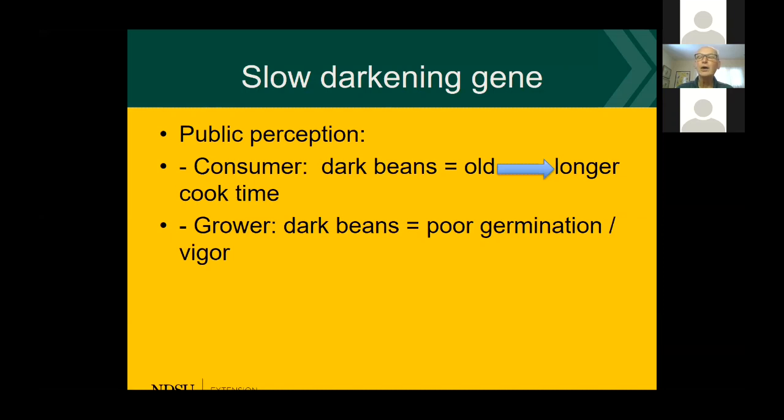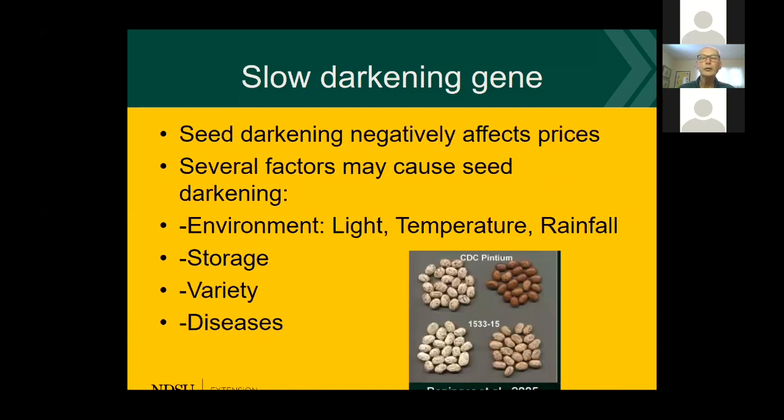So why the darkening gene, and why is it important? The perception of the customer is that dark beans are old and may take a longer time to cook. And from a grower, you might think that darker beans are maybe less germination and lower vigor. So there is a benefit of looking at this for the marketing aspect.